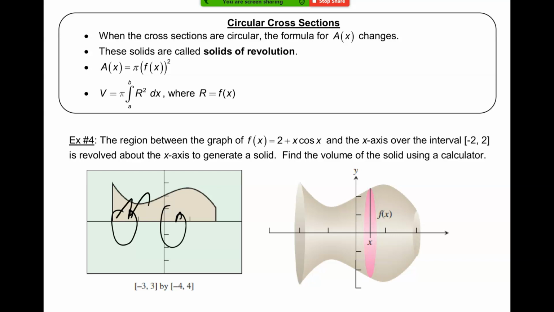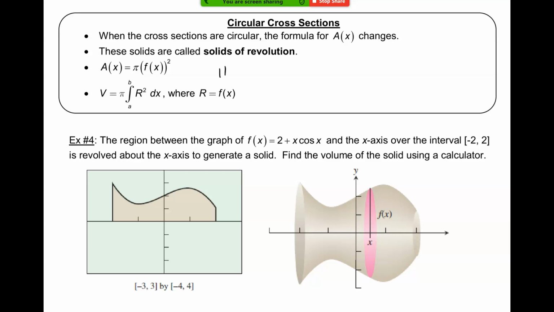So imagine this guy right here is one of those pieces and you can unfold it and twirl it around. Right? You're revolving it around the solid. That's more or less what happened. You're just taking it and revolving it in 3D, turning it around. So these are solids of revolution because you're literally revolving them around an axis.